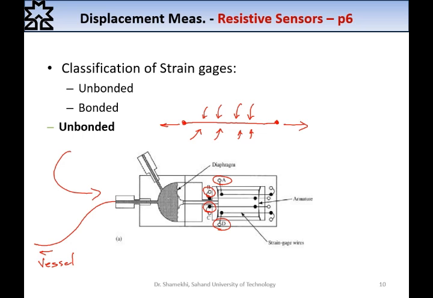and the pressure of the blood will be transferred from this catheter to this point, and the liquid inside this catheter will transfer the pressure to this diaphragm.